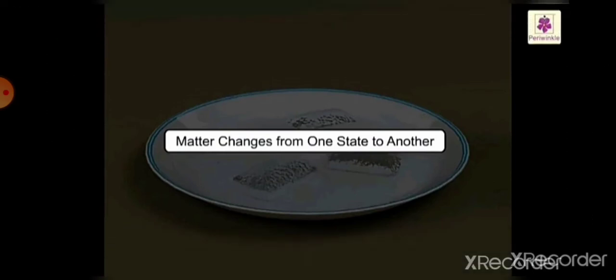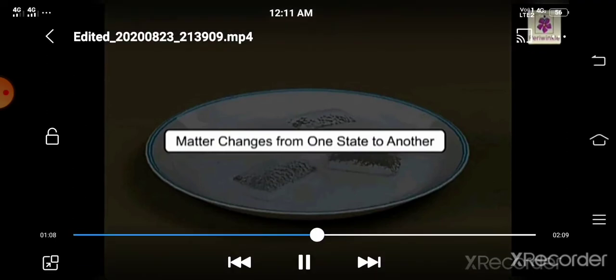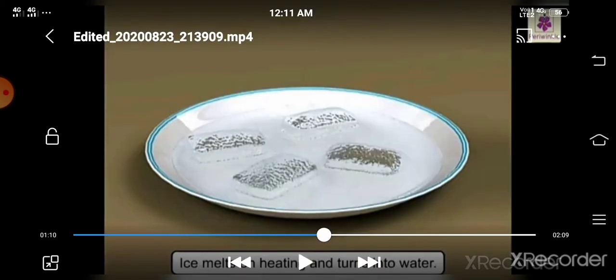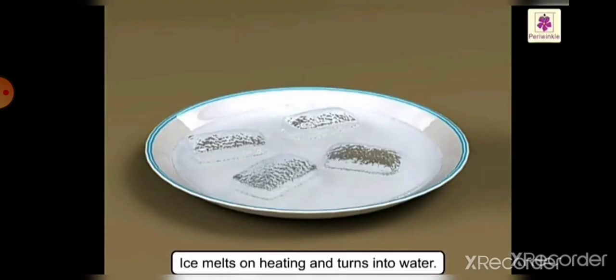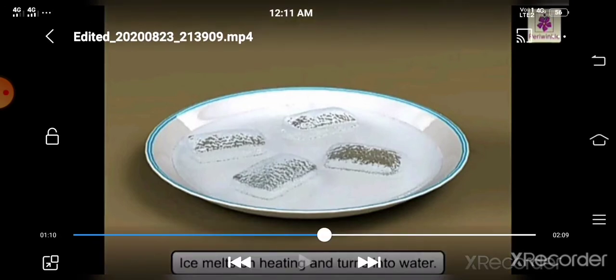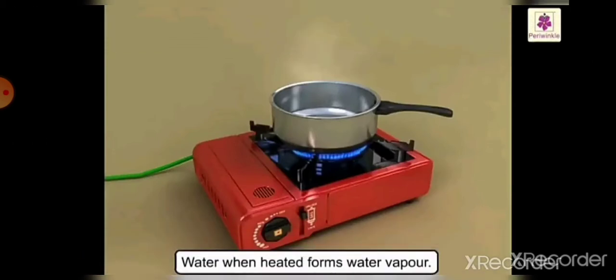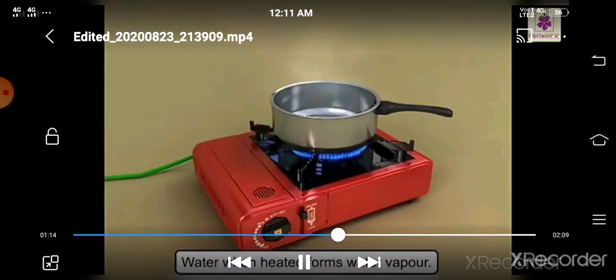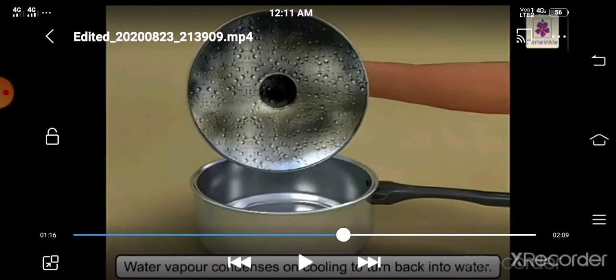Matter changes from one state to another. Let us see how. Ice melts on heating and turns into water. So this is one form of changing. Water when heated forms water vapor. You can see the vapor coming out of the water when you heat it.